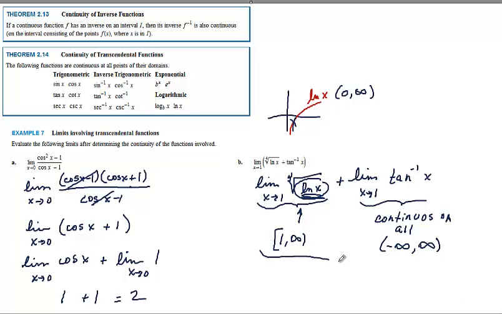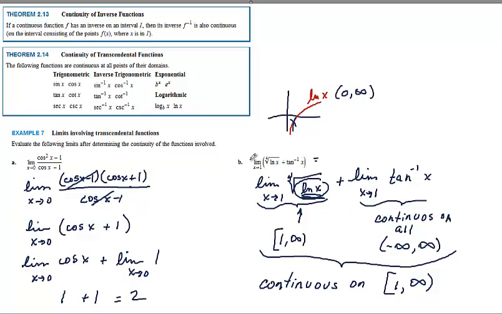So the combination of this would be continuous on 1 to infinity.